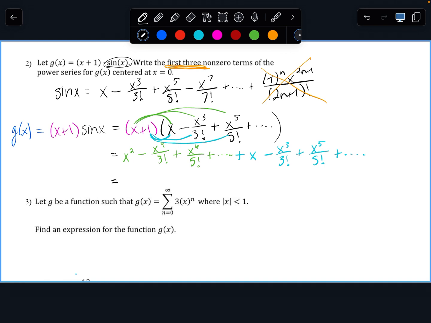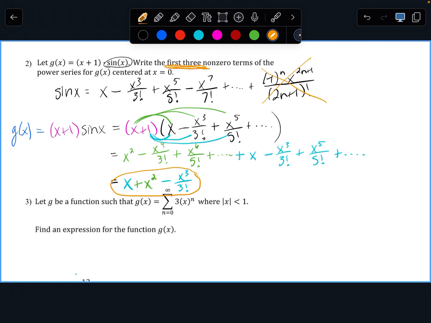So basically my answer would be x, and then I'm going to take the x squared, and then the cubed one. So that's the first 3 terms. That's all I have to do. Then you can clean up. You can change that to a 6. Sometimes they change it to a 6, sometimes they leave it as factorial. It kind of depends. Are there any questions with that?